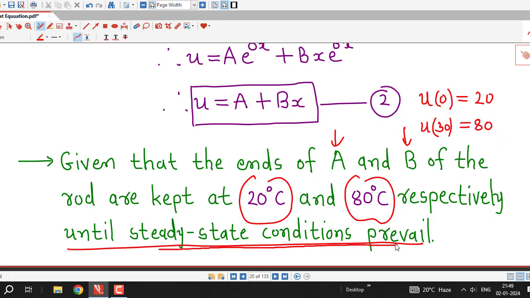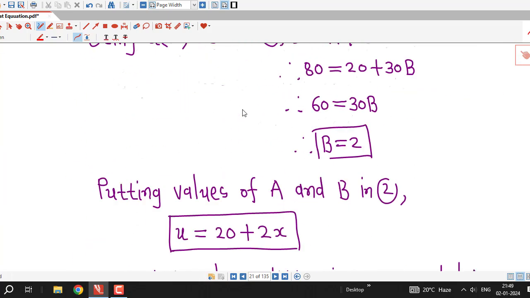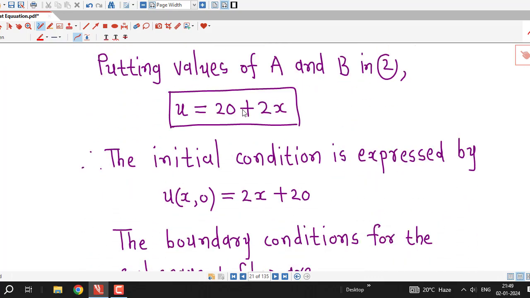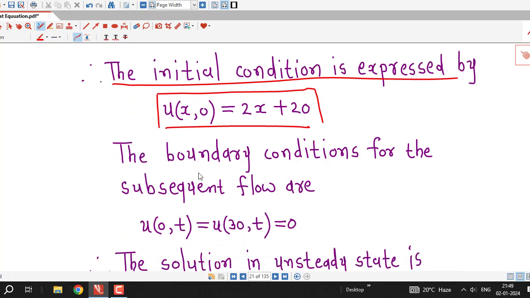During the steady state situation the boundaries are at temperature 20 and 80, and using these two boundary conditions we have obtained values of a and b, which I just discussed. So finally I find that the initial condition is expressed by u(x,0) equal to 2x plus 20.